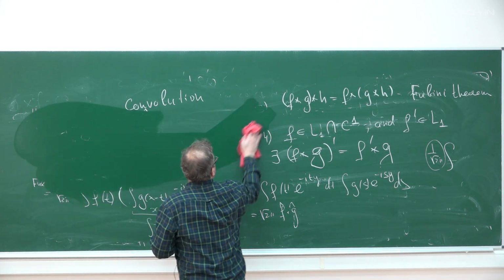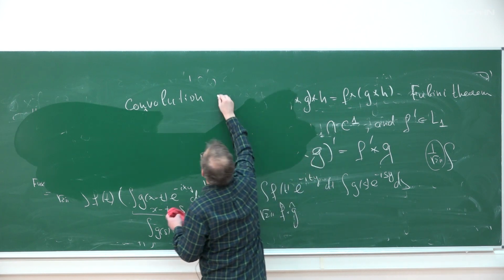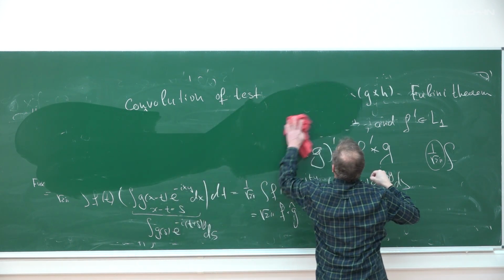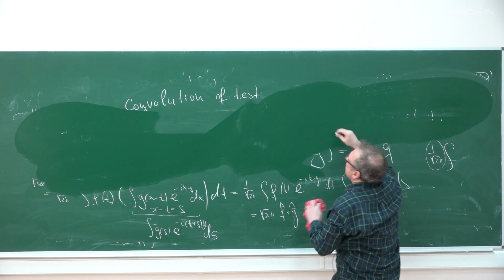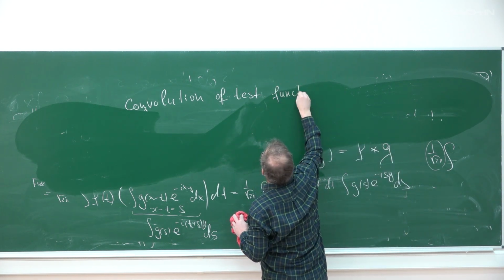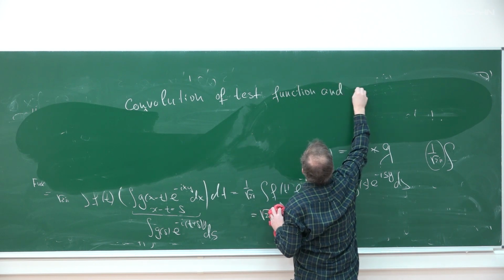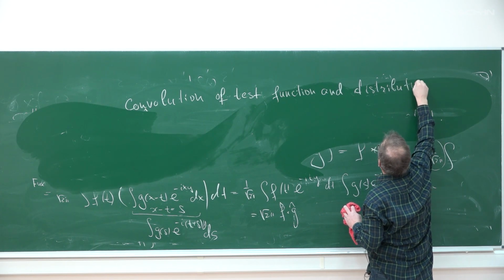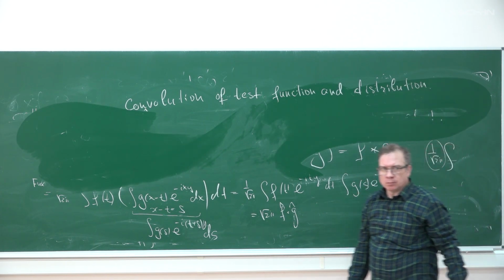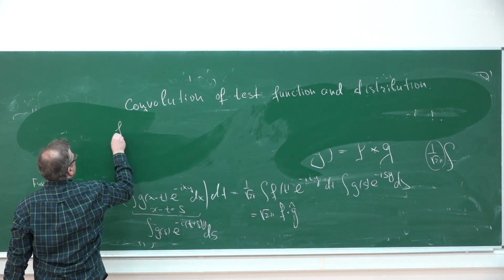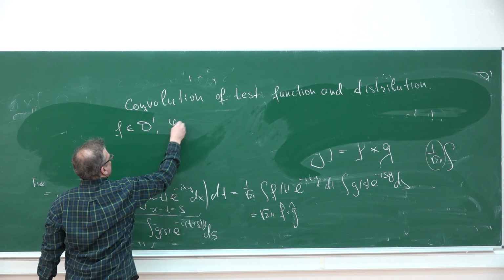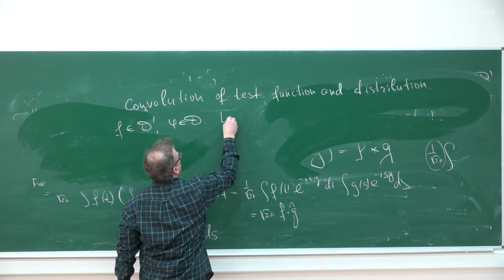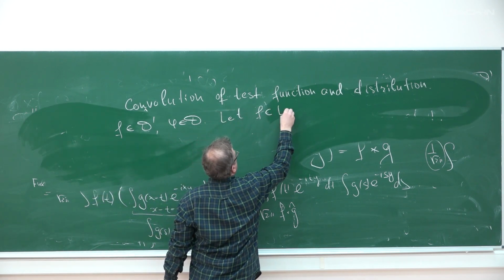And now let's try to define the convolution of a test function and a distribution. So let f belong to L1.